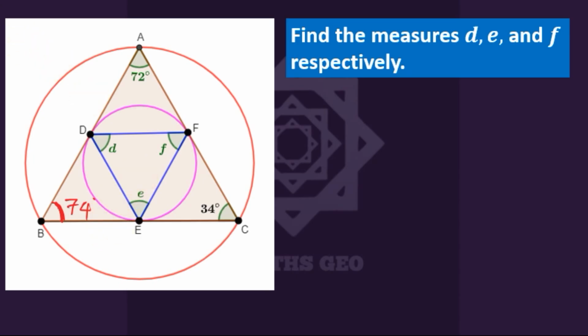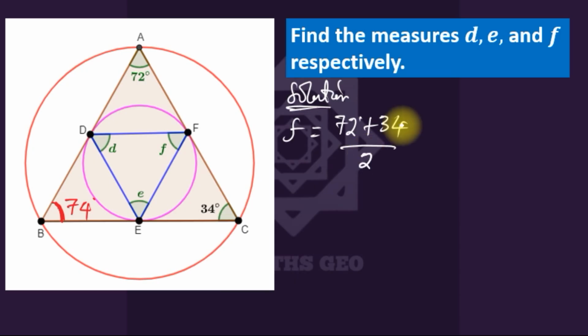Finally we can relate. As you can see, we have this circle inscribed in the triangle, and we have another triangle inscribed in the circle, and the big triangle inscribed in another circle. Once you have anything like that, know that F, as if it's in the middle of 72 and 34, will be 72 plus 34 over 2, which is 106 over 2.